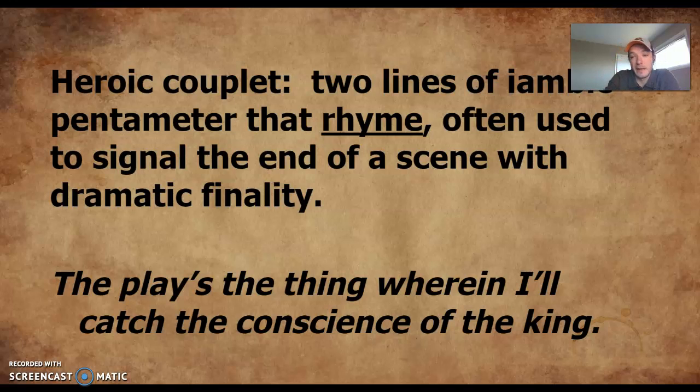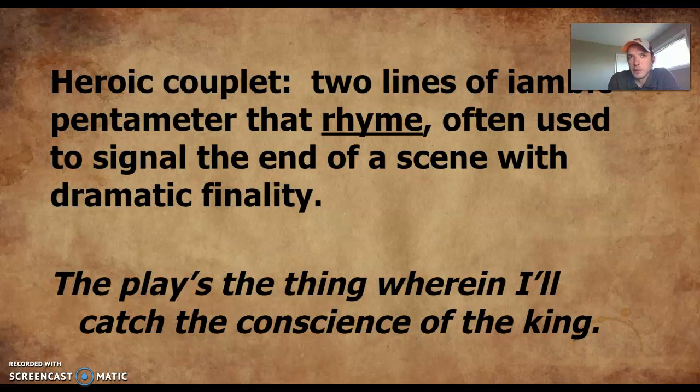Now, something else we need to pay attention to is a heroic couplet. A heroic couplet is 2 lines of iambic pentameter that rhyme. You're going to want to copy this down. It is often used to signal the end of a scene with dramatic finality. The play's the thing, wherein I'll catch the conscience of the king.